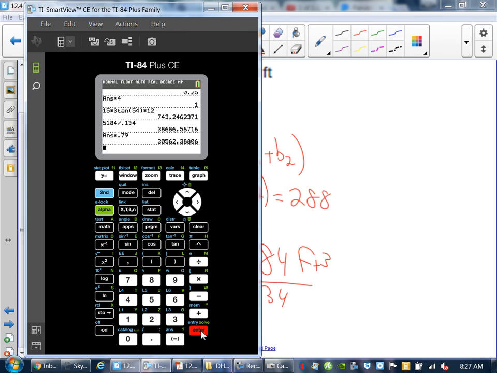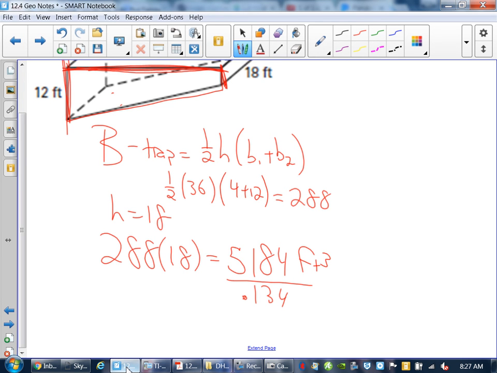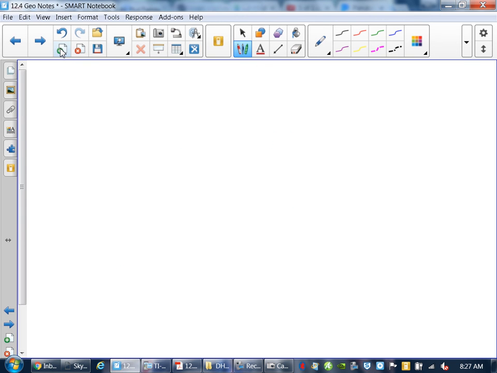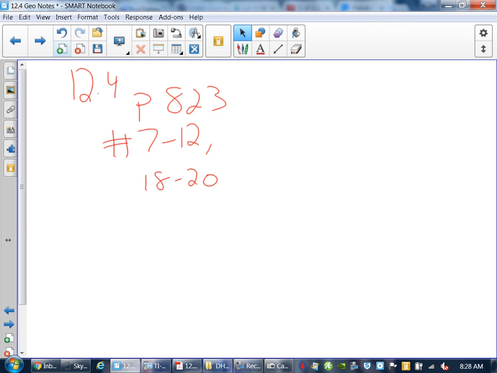We'll do some more composite stuff tomorrow.